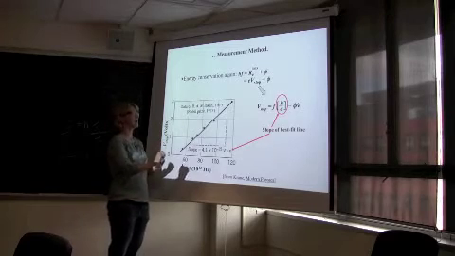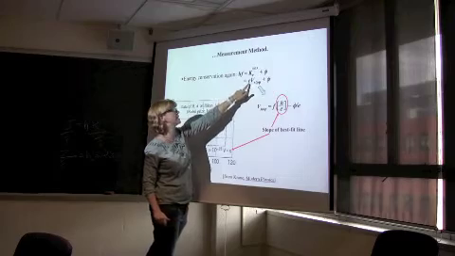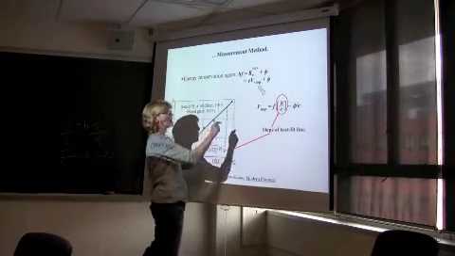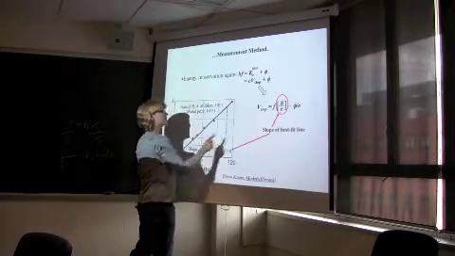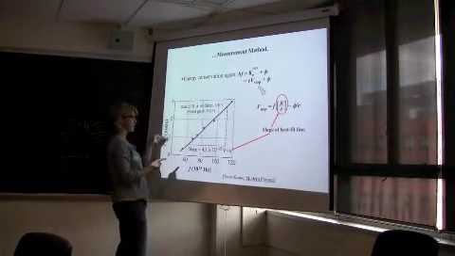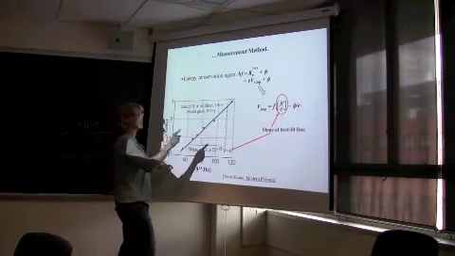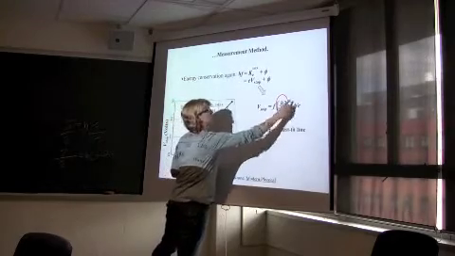Okay. If I now take this, hf equals e times V stop plus phi, which, remember, is the work function, I can solve this for V stop. Now I have V stop as a function of the frequency of the light that I'm using. And you can see that this is mx plus b.